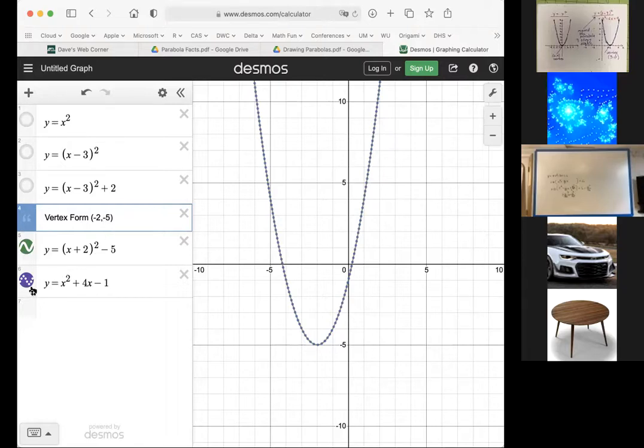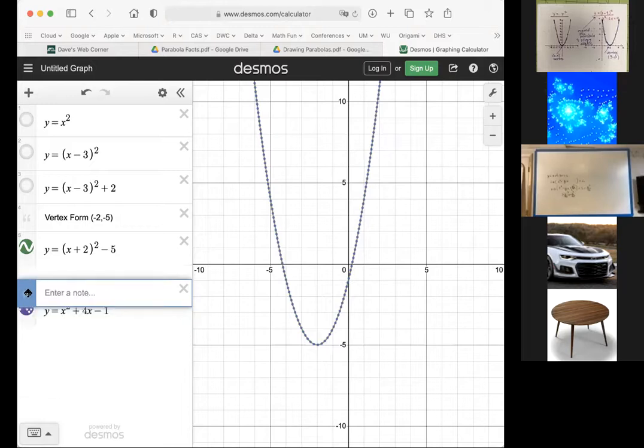And this parabola in this form is called standard form, because this is displaying straight up, a is 1, b is 4, c is -1.